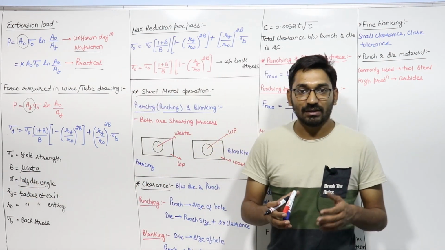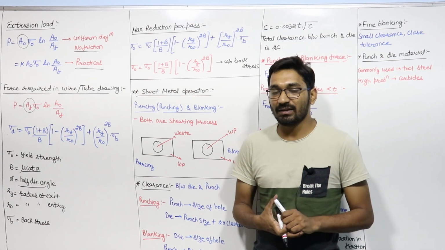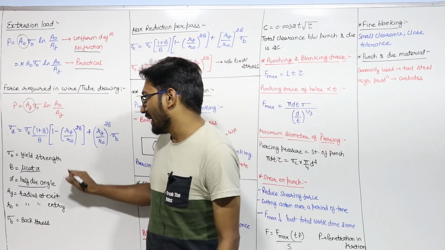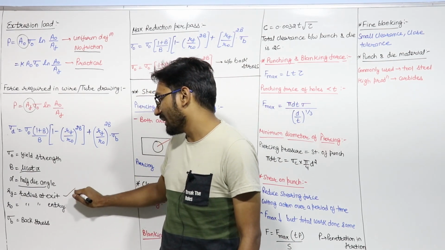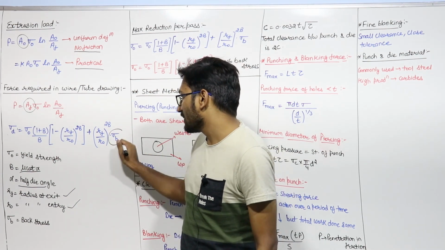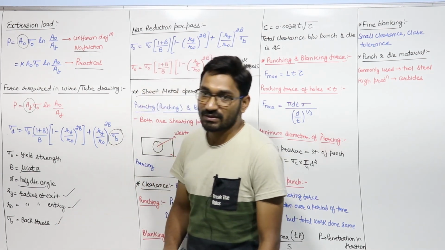If the die angle is given in the question, then you have to take half of it, because alpha is the half die angle. RF is the radius at the exit, R naught is the radius at the entry, and sigma B is known as the back stress.